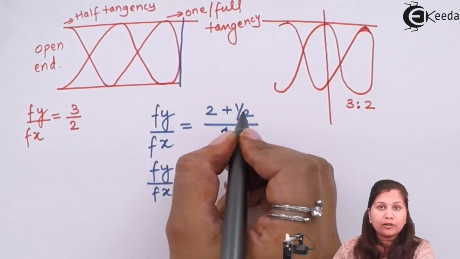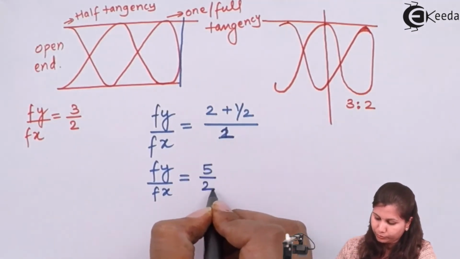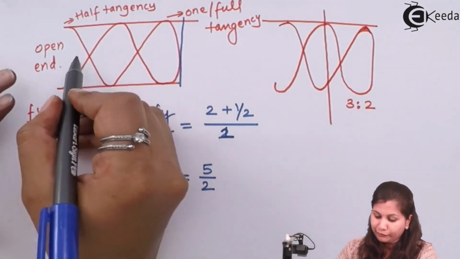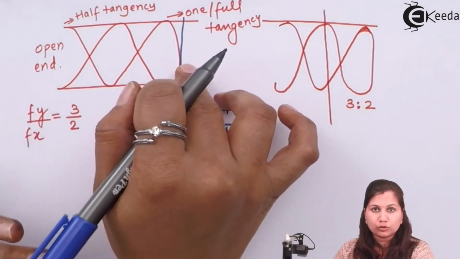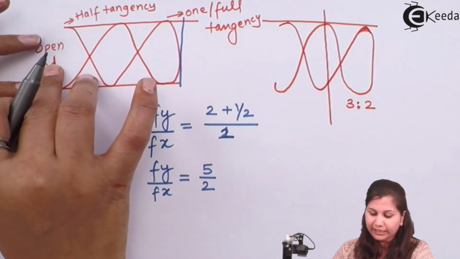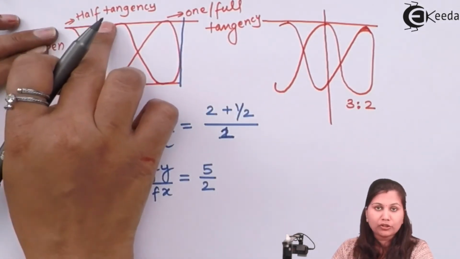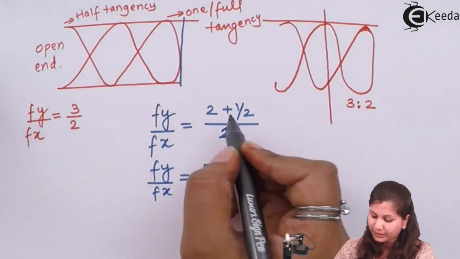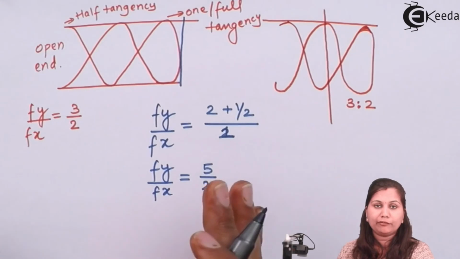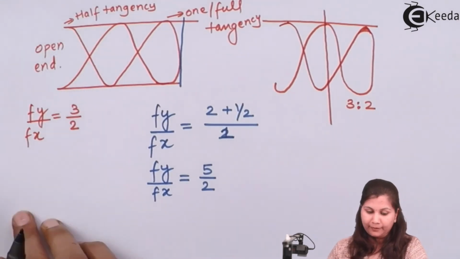So this is 4 plus 1 by 2, that is 5 by 2. So we have to take the vertical tangency where we have the closed end, not the free end. And if we have the open end, then the horizontal tangency will be considered as half tangency. In this way, the rule is modified for cases where we get a Lissajous pattern which has an open end in it.